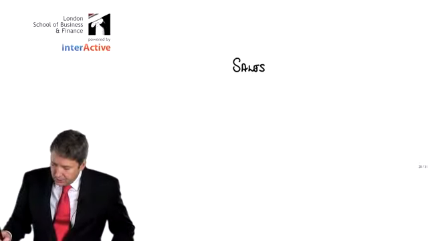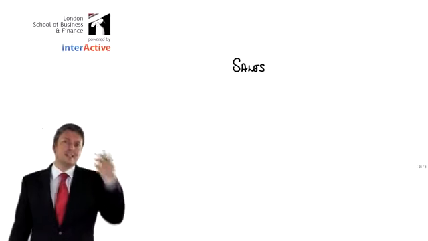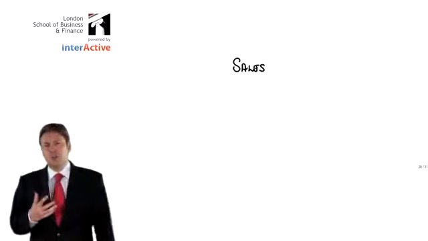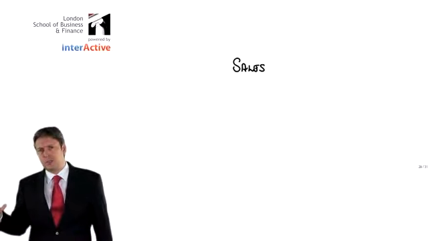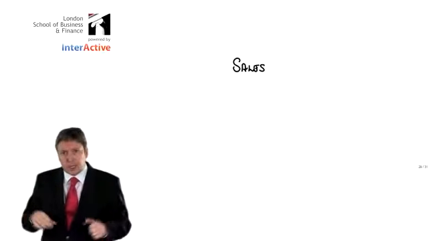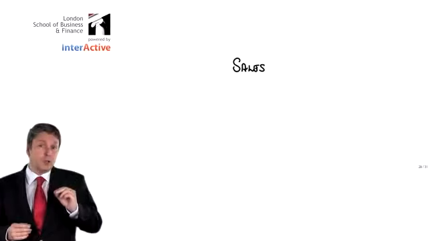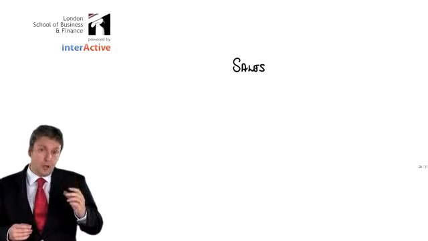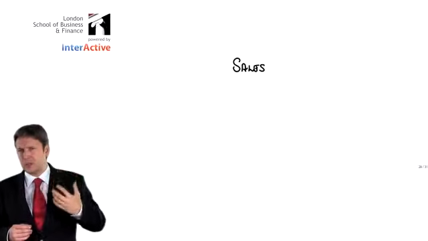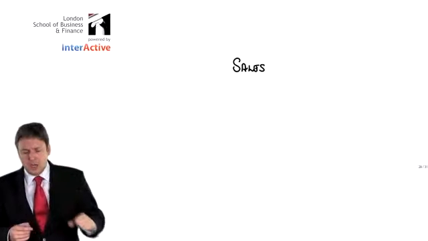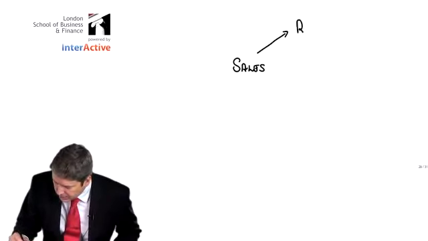And the two classic workings that you are required to do here is 1, to get the receipts from sale, and 2, to get the payments for our material purchases. Now, there may be other things in the cash budget. There will be. But those two components on their own will be worth over half of the marks in the vast majority of questions.